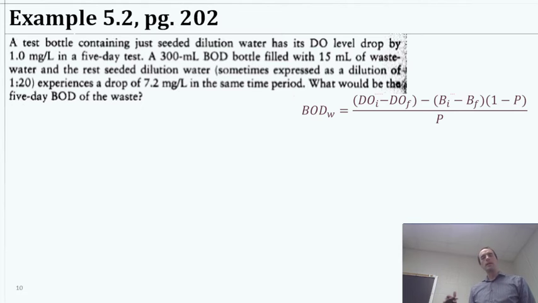That gives us a P of 1 to 20, and that one experiences a drop of 7.2 milligrams per liter in the same period. What would be the 5-day BOD of the waste? So take a couple minutes and solve that, and notice that the way it's phrased is a little different. We're just talking about the BOD drop. So give yourselves a few minutes to think about how that one works through.